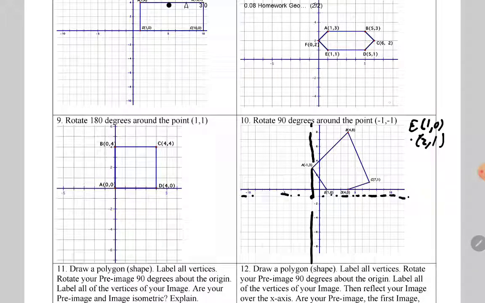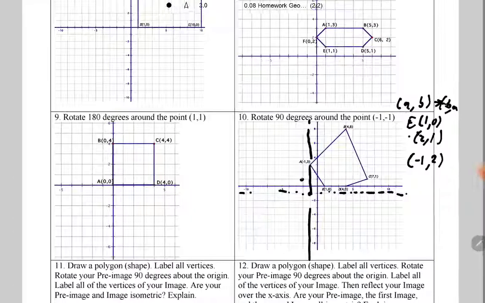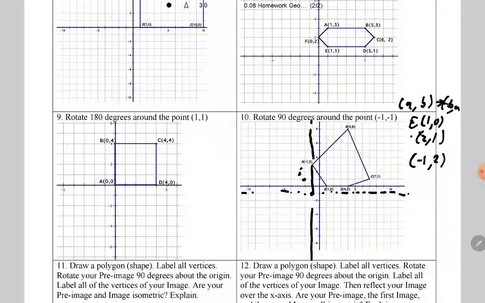So remember, we start off with A, B, and then that becomes negative B, comma, A. So 2, 1 becomes negative 1, 2. So going to my new coordinate plane, negative 1, 2. So that's E prime.